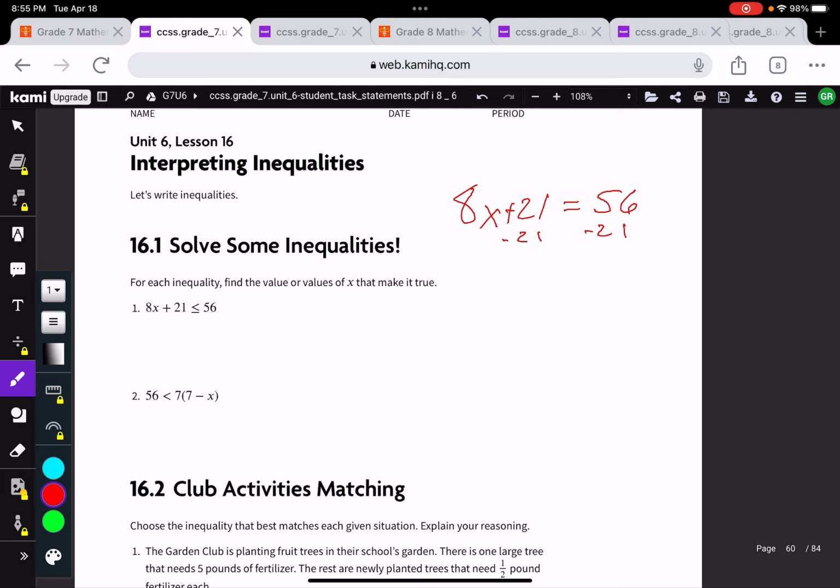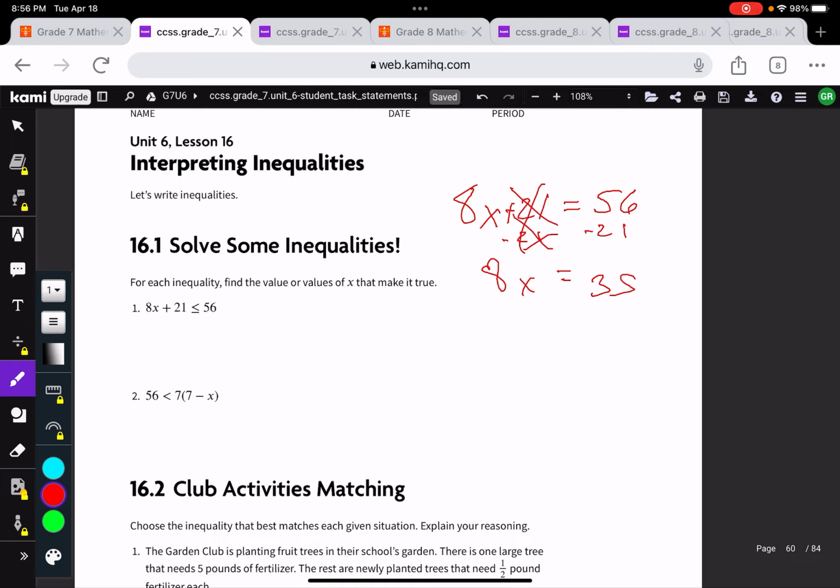If I just subtract 21, sometimes I'll forget that I already messed with that. But essentially that means I took 21 off from each side of the hanger. So guess what? It's not even on this side anymore. And 56 take away 21 is going to be 35. And now I have 8x equals 35.